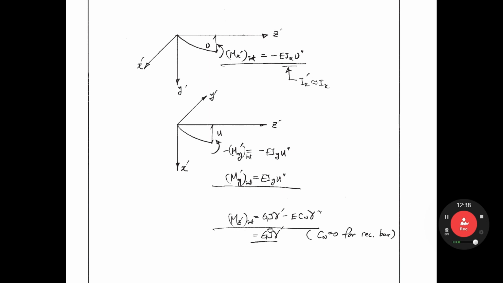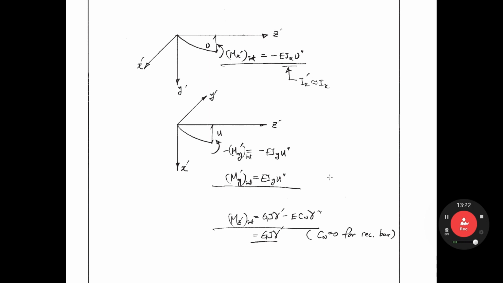Mz internal moment. And we already calculated the Saint Venant torsion, warping torsion. That is the equation regarding torsional moment. That moment regarding z prime is torsional moment. So Mz prime internal equal GJ gamma prime minus ECw gamma 3 prime. In this derivation, we assume a rectangular bar.